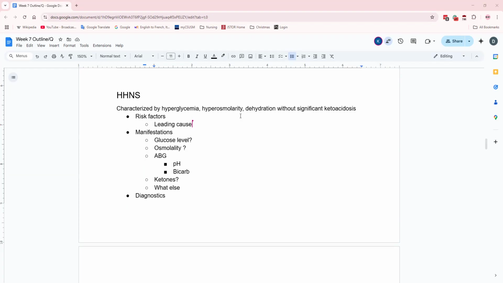The cells puff up, and that causes the cerebral edema. Fluid shifts into cells, and your brain has cells.